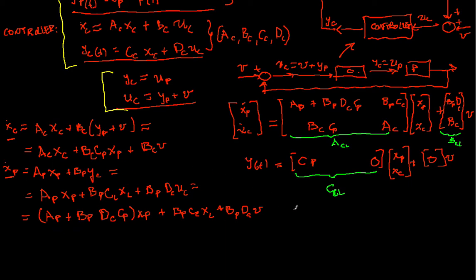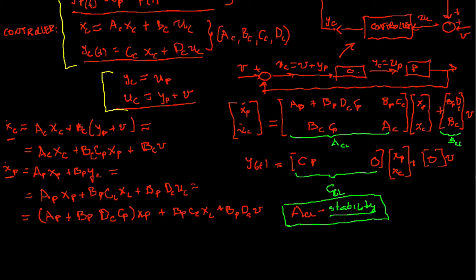Is intrinsically associated with the stability of the ACL, because ACL stability is directly linked by the entries of the ACL matrix with a plant through the AP, BP, DP, and CP, and it's also associated with the structure of the AC that is coming from the controller.